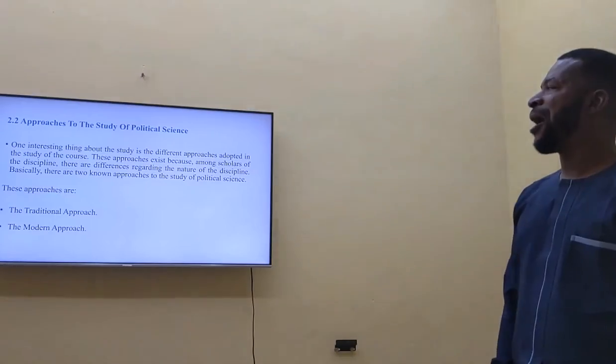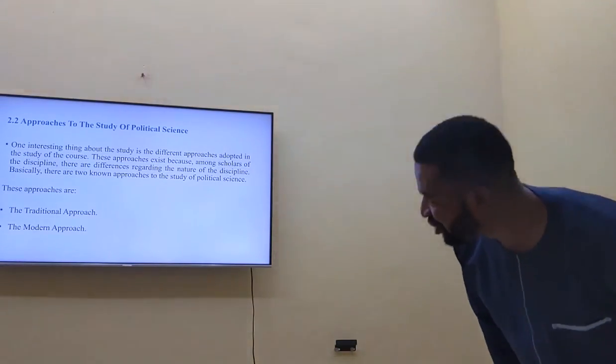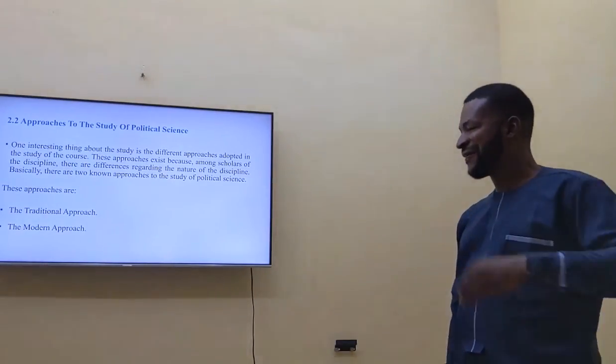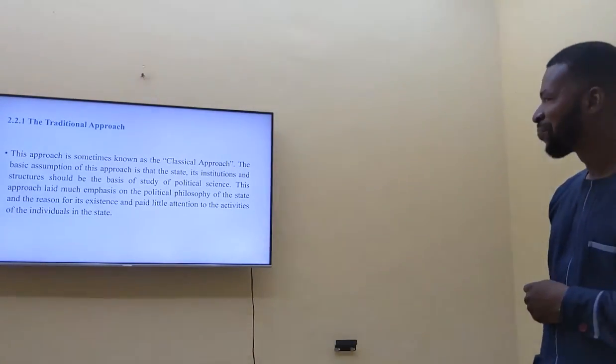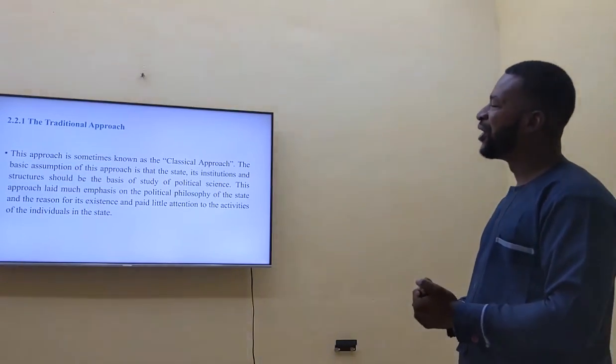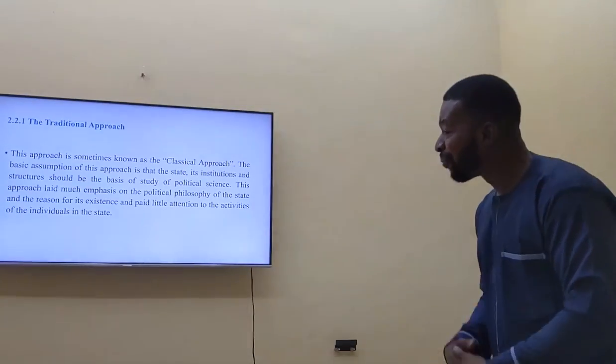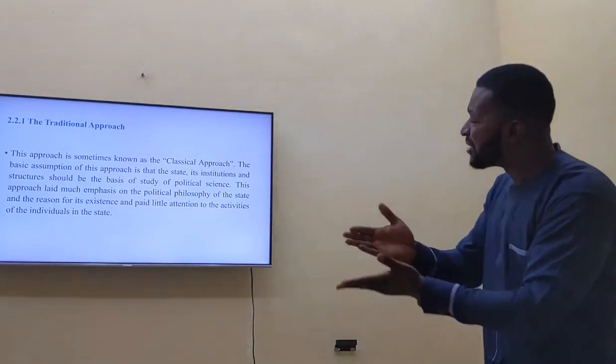Now we're going to look at the approaches to the study of political science. First of all, we look at the traditional approach and the modern approach. Next slide. The traditional approach is also known as the classical approach. The basic assumption of this approach is that its interest is the state.